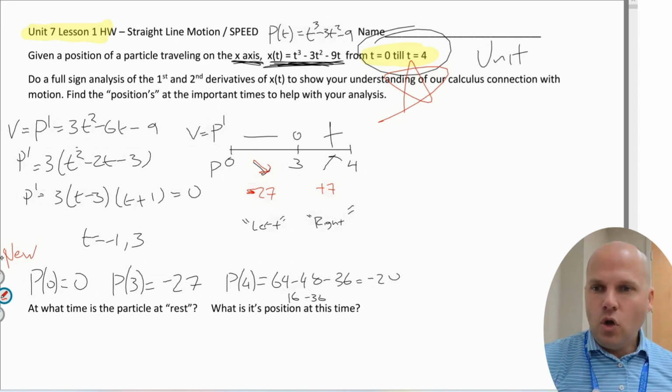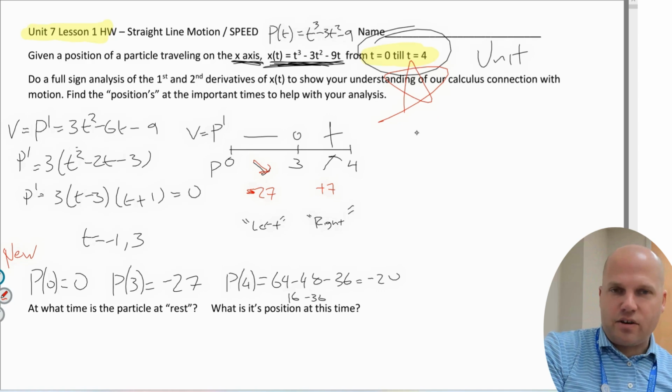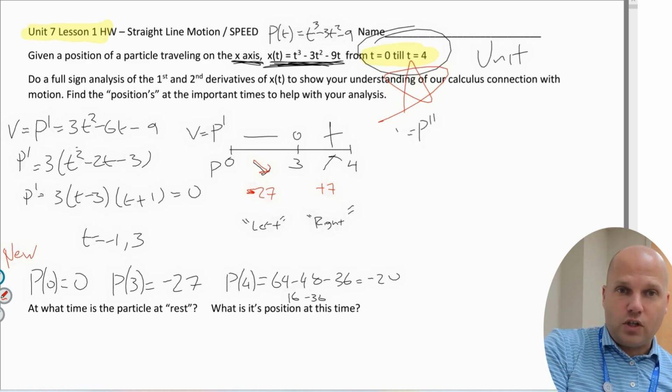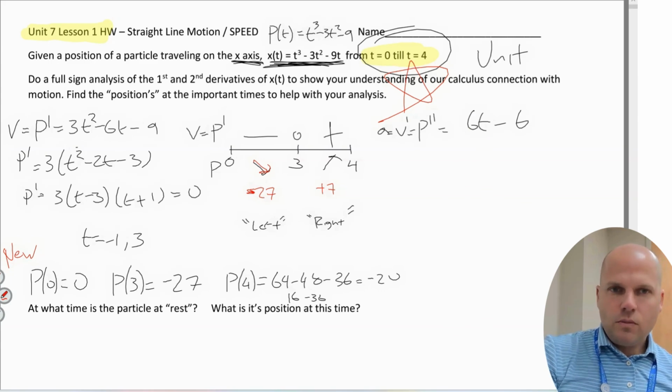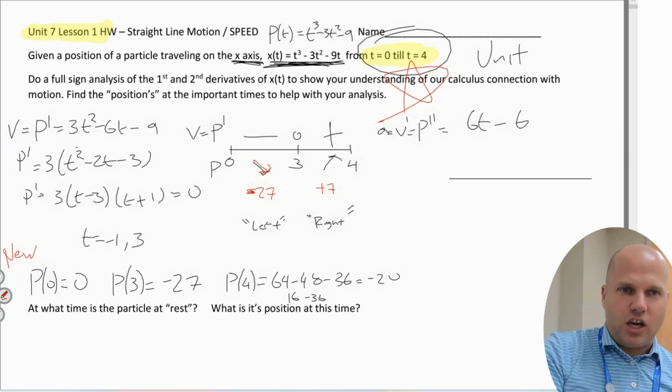Cool. We also need a second derivative analysis, p double prime, which is equal to velocity's derivative, which is equal to acceleration. And we have done second derivative analyses before. But what we have to understand is that the second derivative will tell us about the first derivative.